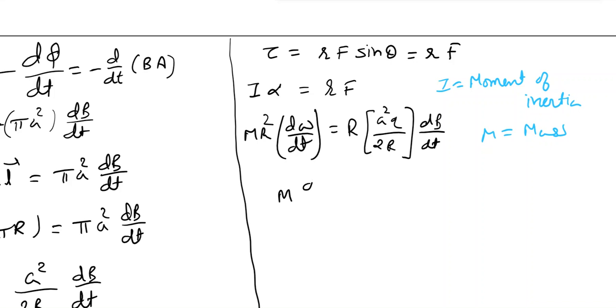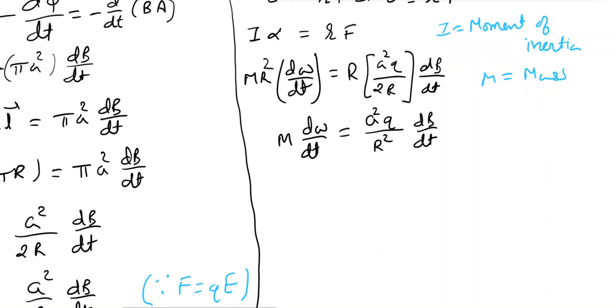Simplifying this, we get m d omega by dt equals a square Q by R square dB by dt. We know that lambda is line charge density, which is charge per unit length.